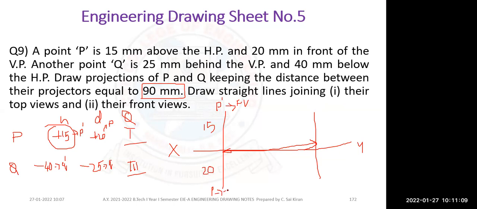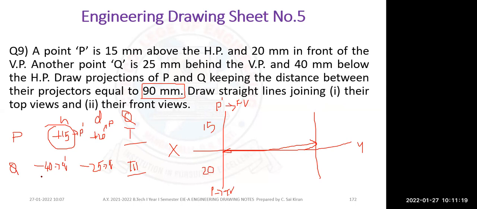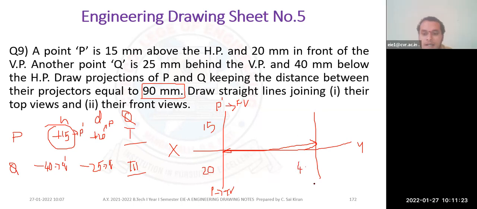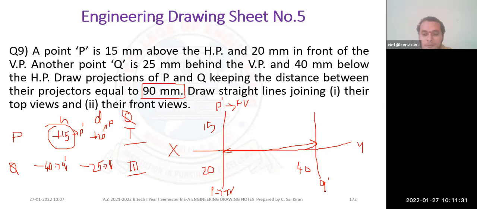Okay. And then I'm coming to the letter Q. For the letter Q, H is minus 40. So it is above or below the XY line? Below the XY line. So here I'm taking 40. And what is the letter I have to write here? Q or q dash? q dash, because it is my front view.